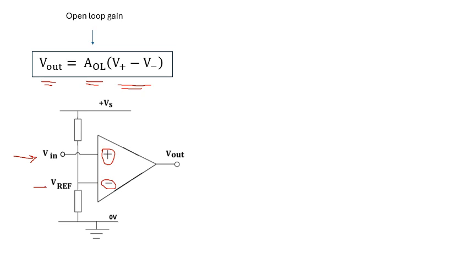I mentioned reference voltages when we talked about Zener diodes. In this case, the reference voltage is just provided by a potential divider. So it'll depend on the value of these two resistors. A fixed voltage, a reference voltage. And if V in is bigger than the reference voltage, then V out will equal the plus supply voltage. If it's less than, then it will be minus the supply voltage.